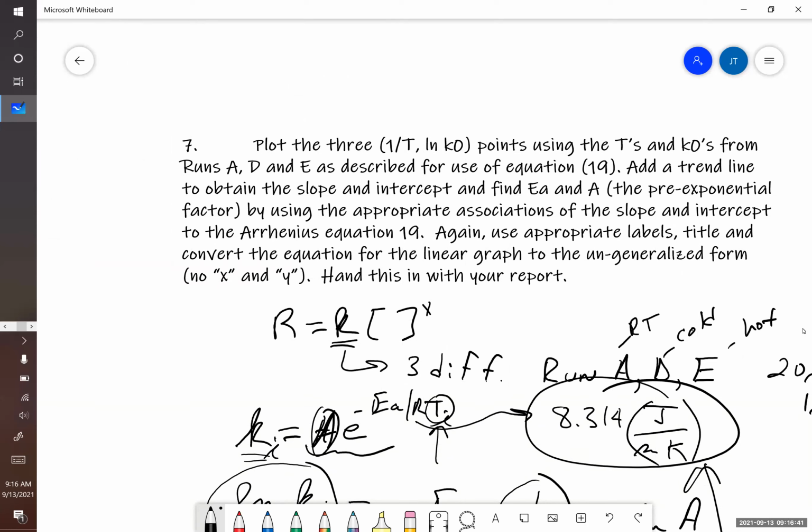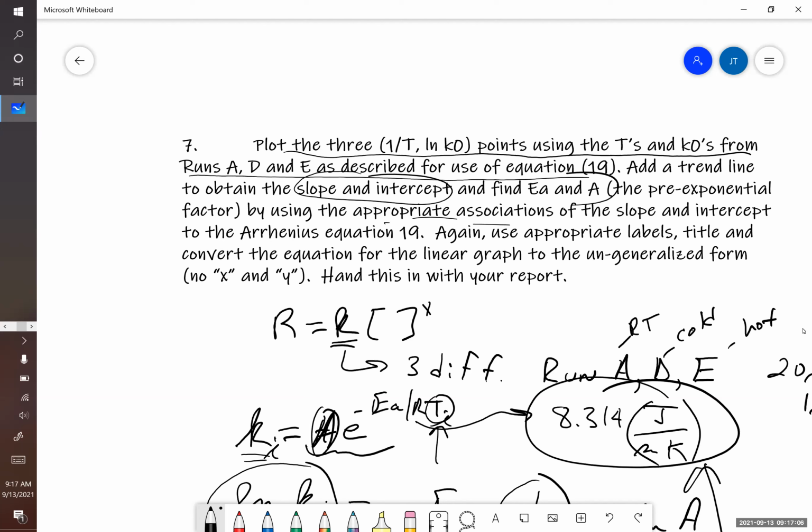So let's just read through it again. So you made that plot of those 3 values and used the Arrhenius equation. You added a trend line and you found the slope and the intercept to find EA and A. Make sure that you have the appropriate units.